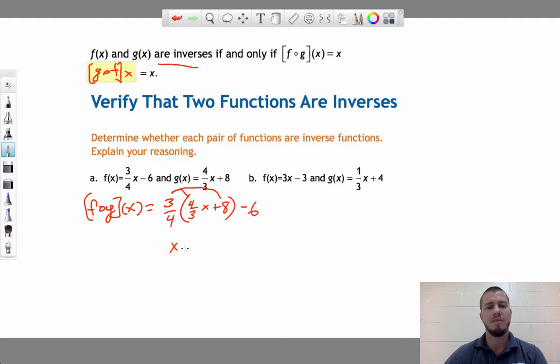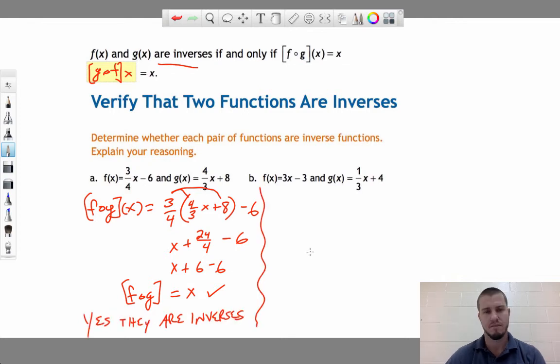This is going to become 24 over 4, and then minus 6. Well, 24 over 4 reduces to 6. 6 minus 6 is 0. So f of g does equal x, so it means they are inverses.